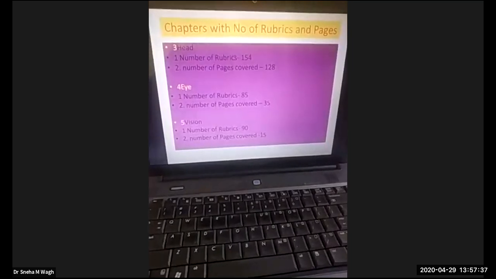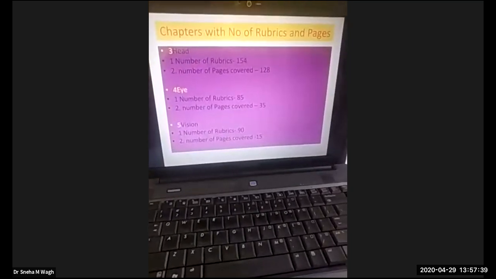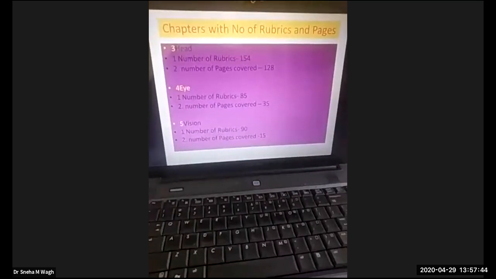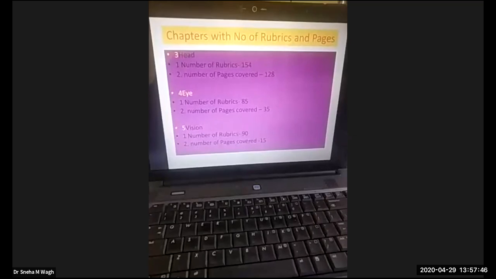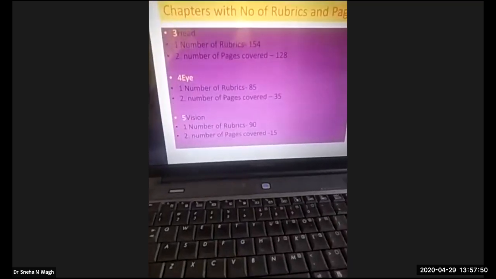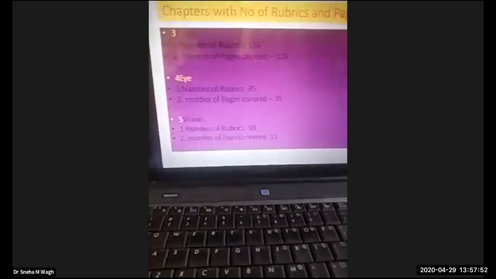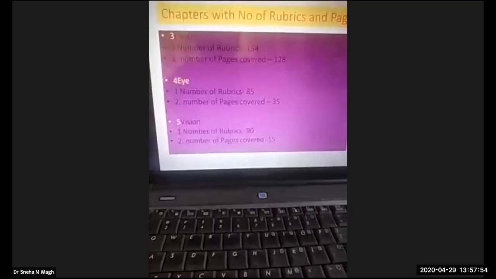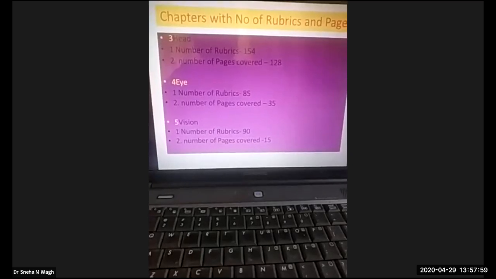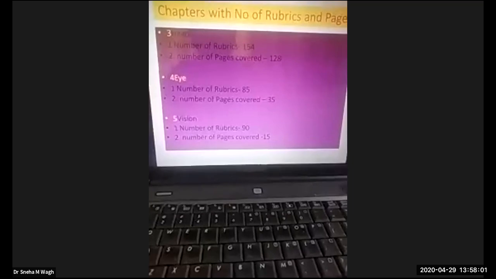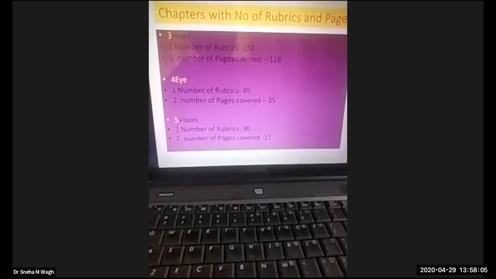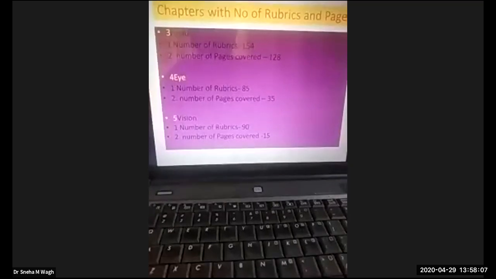The third chapter, Head, covers 154 rubrics and 128 pages. The Eye chapter covers 85 rubrics and 35 pages. The next chapter, Vision, has 90 rubrics over 15 pages.